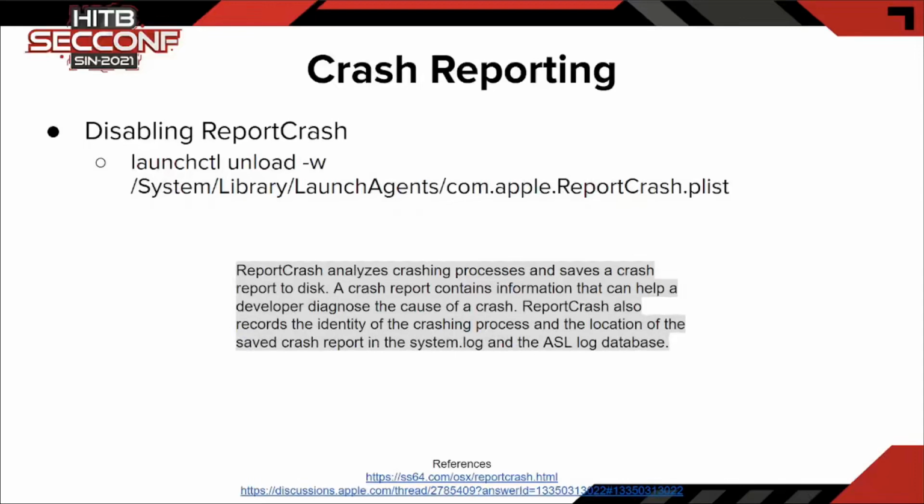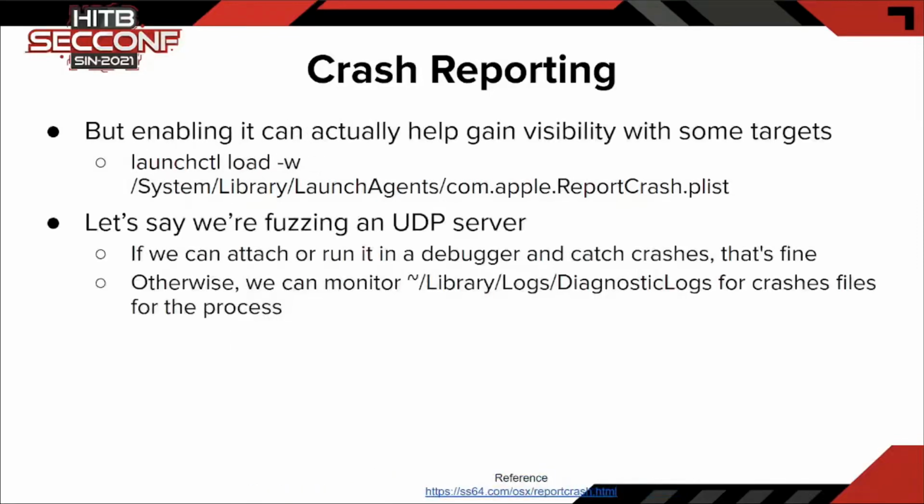With certain targets, maybe you're fuzzing something remotely and you don't have a good way to check for crashes, and you're not running it in a debugger. If you can run it in a debugger and attach to it, of course, you can create your own crash reports. But if you can't, you can leave ReportCrash on, and then just monitor the diagnostic logs directory and parse those for crashes. So it comes in pretty handy either way.